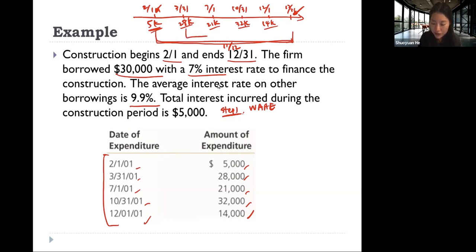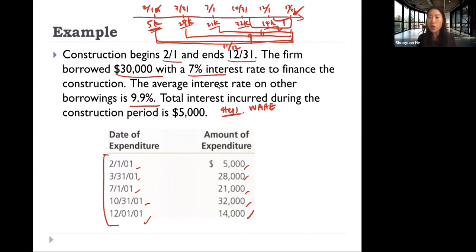And then for the second expenditure, we're using it for 9 months. For the third one, that's 6 months. And then 2 months and 1 month.